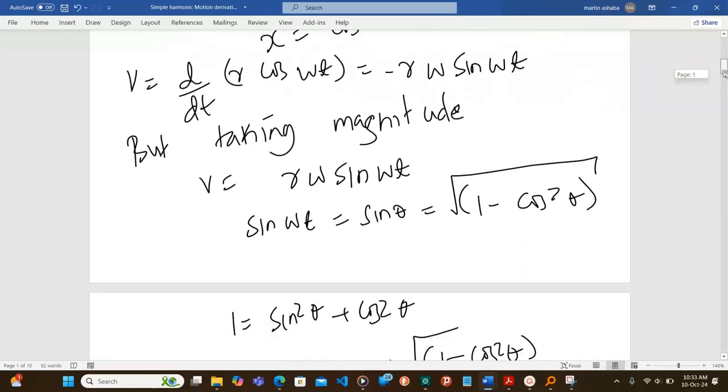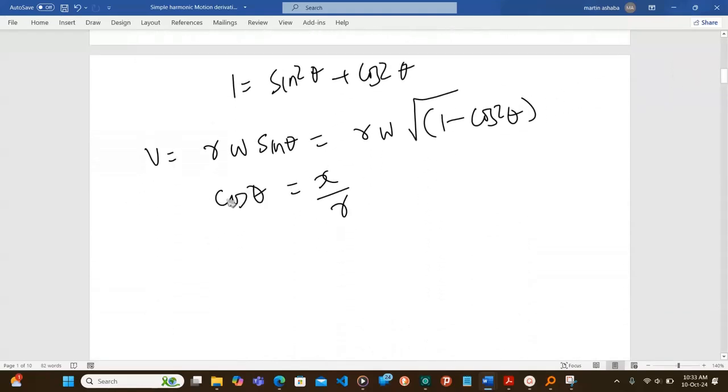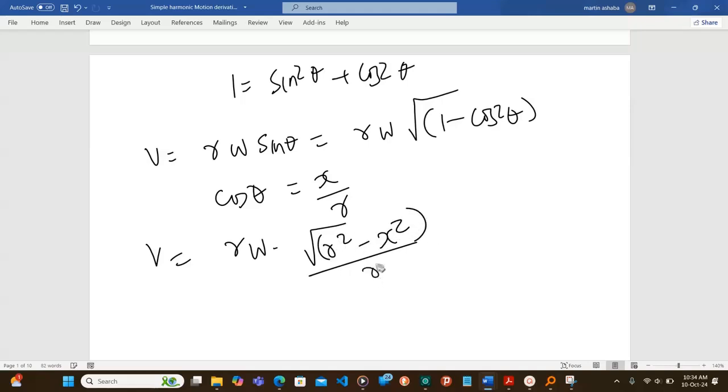So we see that cos theta is equal to x over r. So v will be r omega times the square root of 1 minus x squared over r squared, so it becomes r squared minus x squared, everything over r squared. So this becomes r omega divided by r, times the square root of r squared minus x squared.